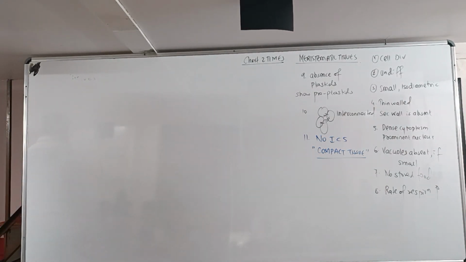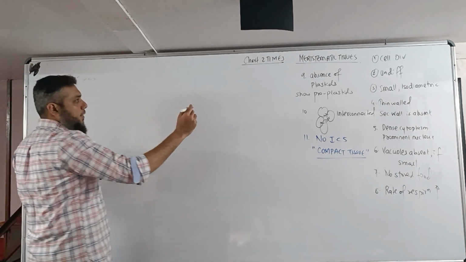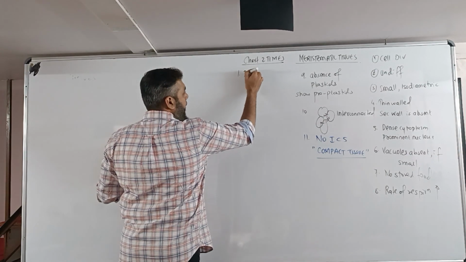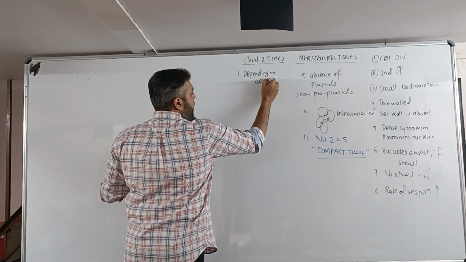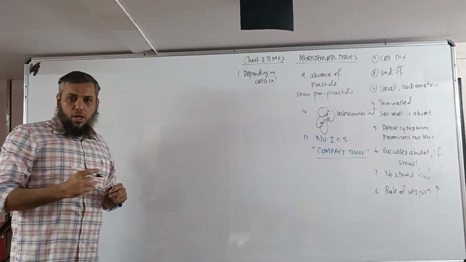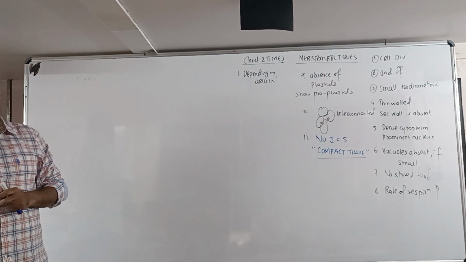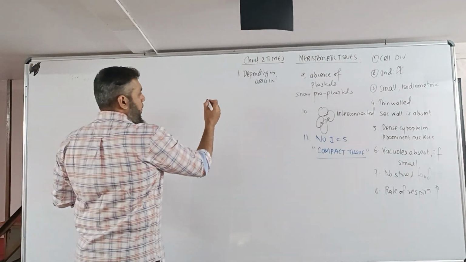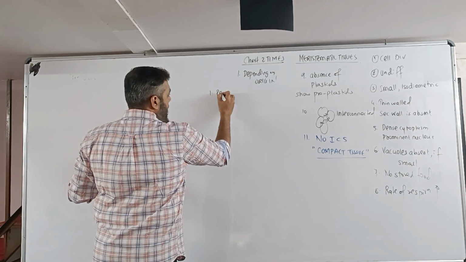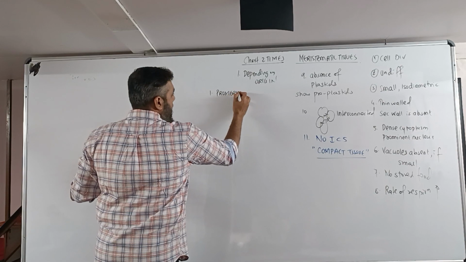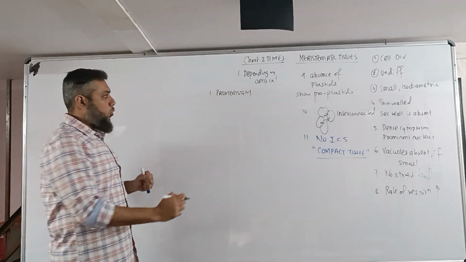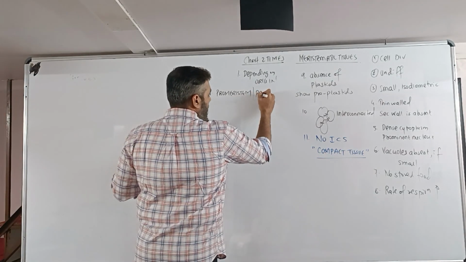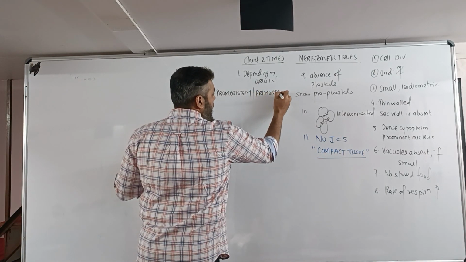Okay. So what are the 3 types of meristems? The first type, I said, depends on origin. You remember origin? What do you mean by origin? How do they develop? I had mentioned 3 types. What is the first type? Promeristem. Promeristem is also known as primordial. What is the meaning of the word primordial?